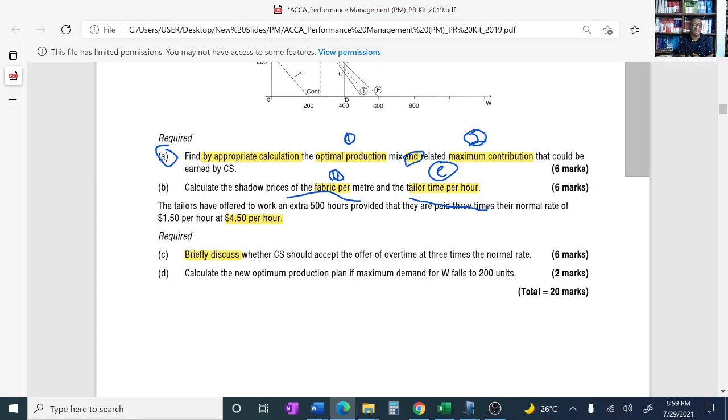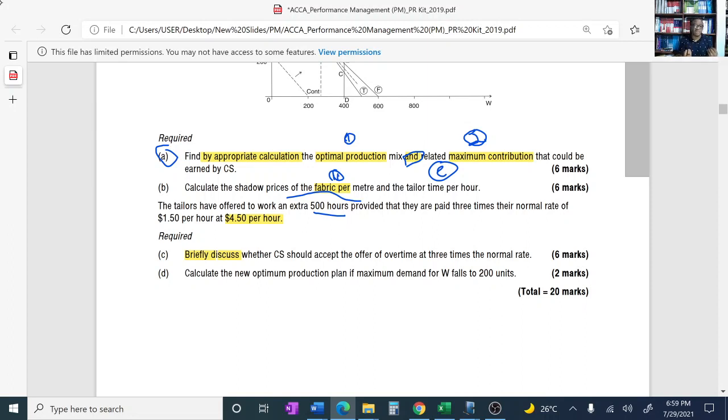Then it goes on to say that the tailors have offered to work for an extra 500 hours, provided that they are paid 3 times their normal rate of pay of 1.5 per hour. That's the 4.5 there. The requirement for that bit, for C, is briefly discuss.